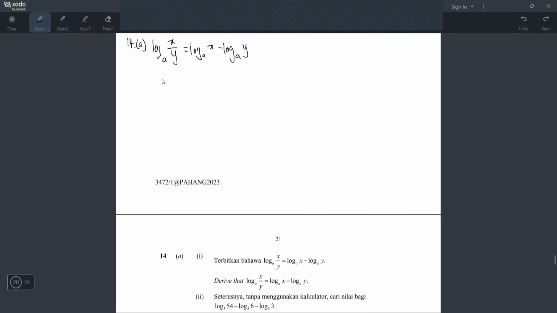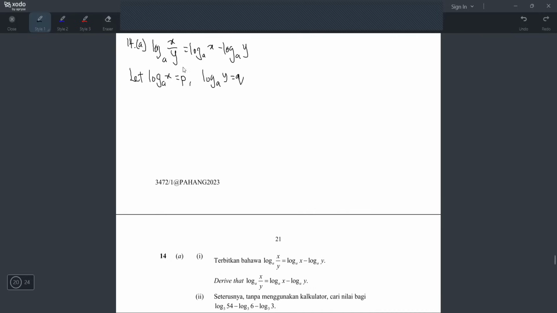So what I will do now is let log x base a equal to p, and log y base a equal to q. You don't necessarily have to use p and q. You can use any alphabet you want, like m, n, or e, f.